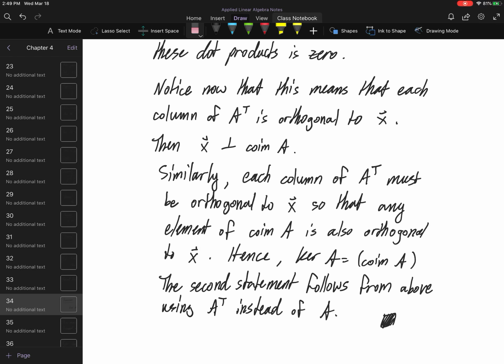And very similarly, each column of A transpose must be orthogonal to X, so that any element of the co-image is also orthogonal to X. Right, so there's the backwards containment as well.